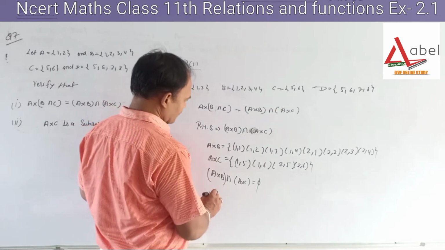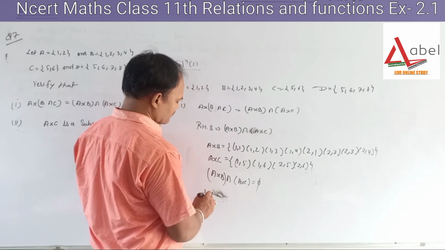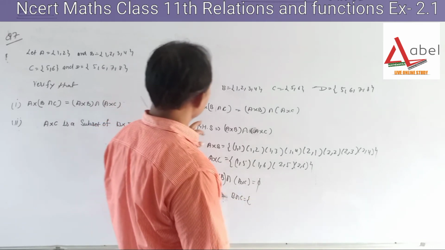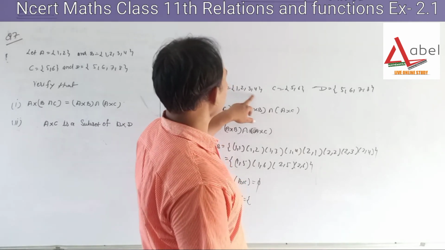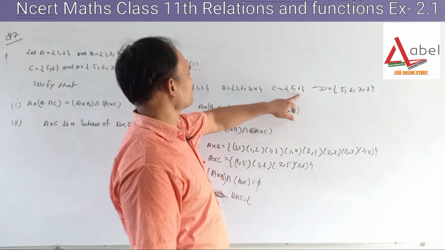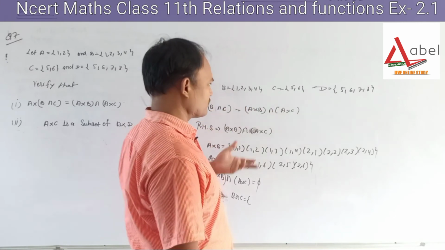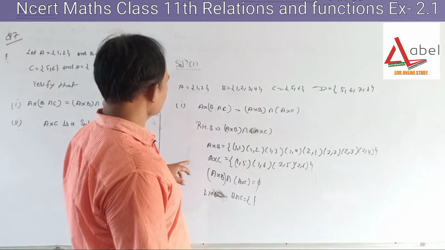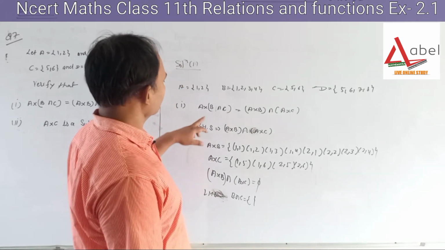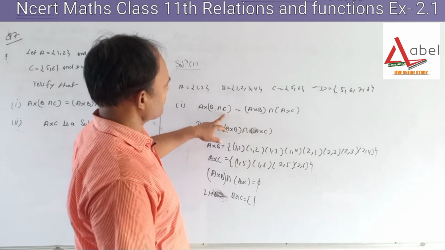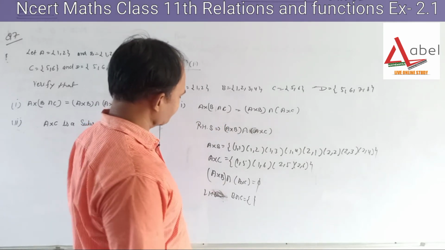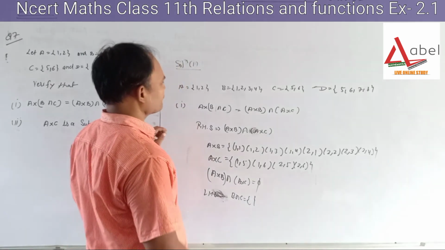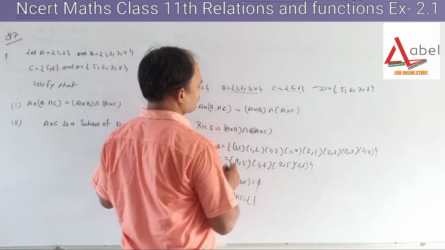Now we are going to solve the LHS. LHS is A cross (B intersection C). B intersection C means the common elements between B and C. C is {5, 6} and B is {1, 2, 3, 4}. Are there any common elements? No, there are no common elements.